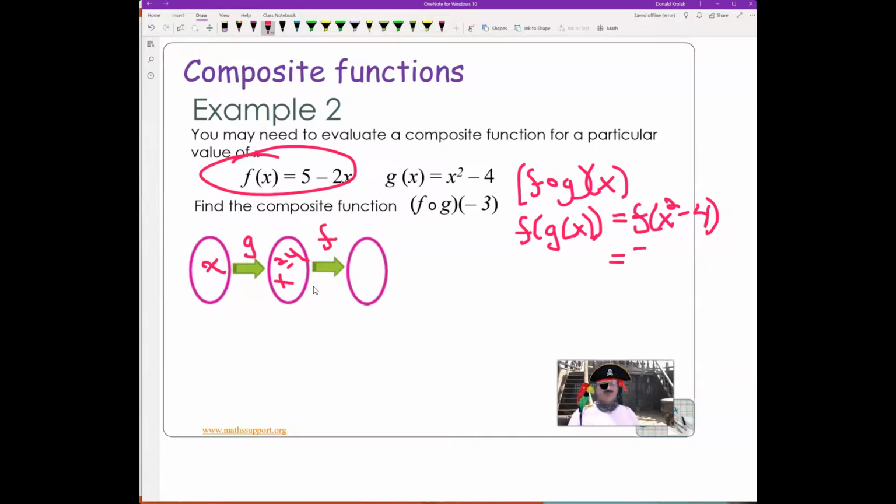So that's going to be 5 take away 2, and my input is x squared minus 4.